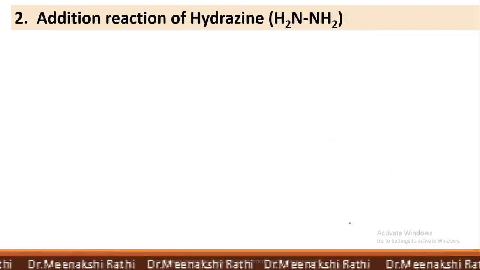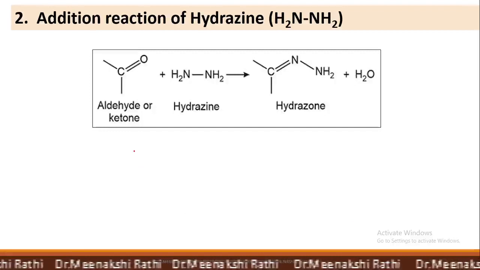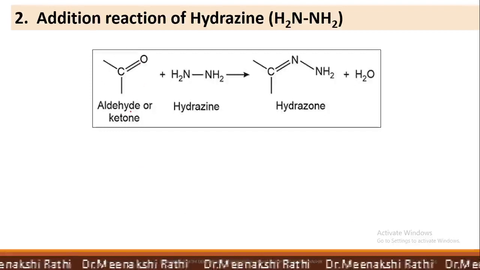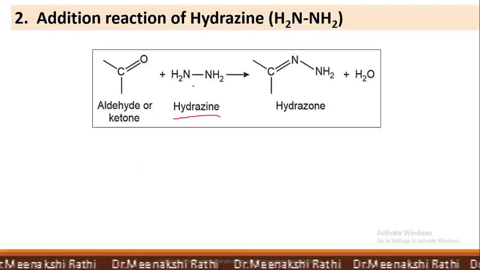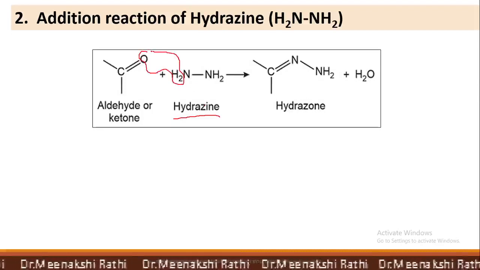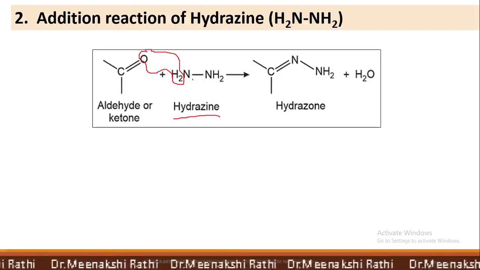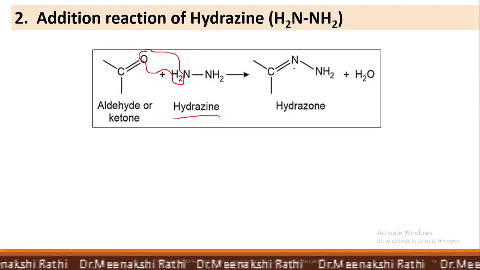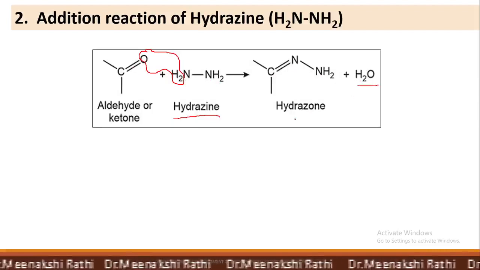Next is the addition reaction of hydrazine. Here, this is a carbonyl compound. It may be aldehyde or ketone. Now when it reacts with hydrazine, here again, as I told you, oxygen and hydrogen are removed as a water molecule, and this group is added to the double bond. So what we will get? Carbon double bond NH2 plus water molecule.